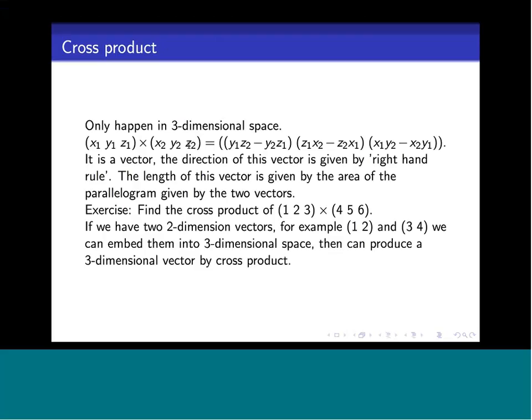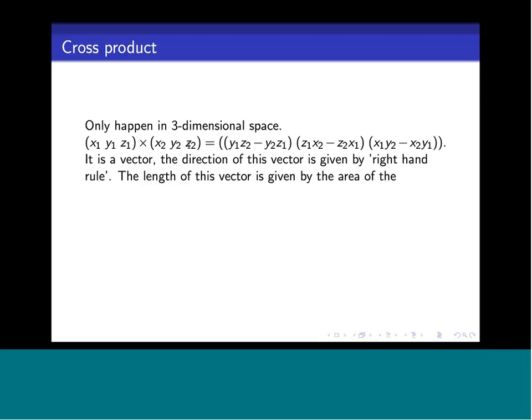Because the end result is another vector, it has a direction as well as a length. The direction makes XYZ a right-hand system, and the length is the area formed by those two vectors.